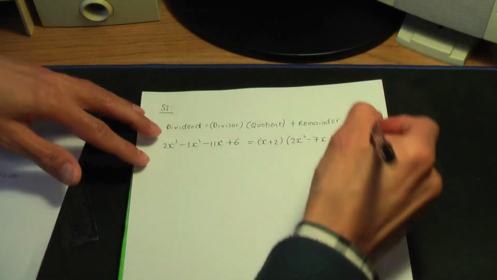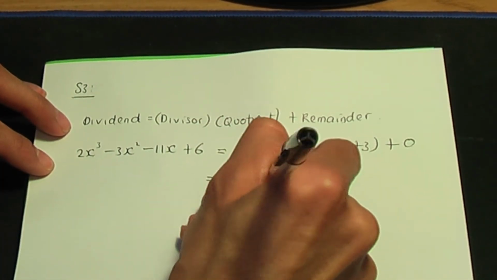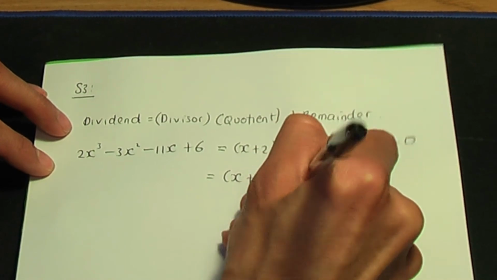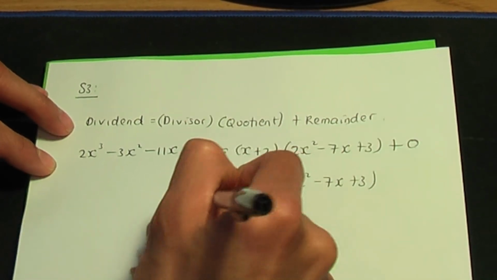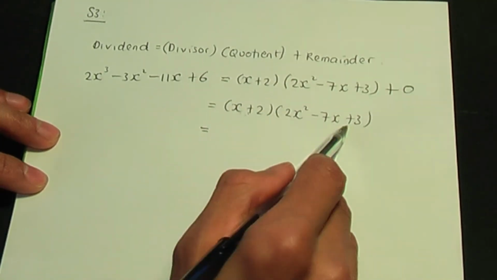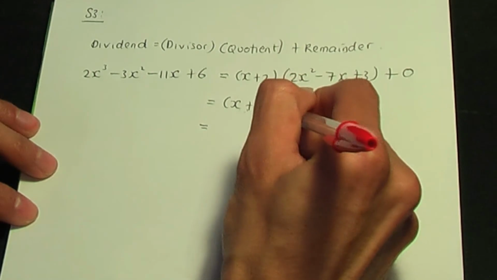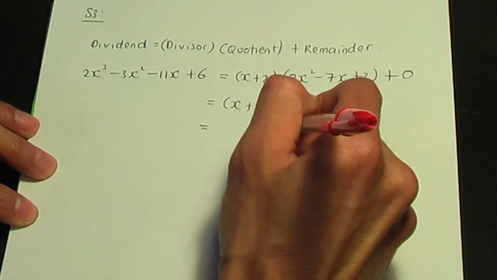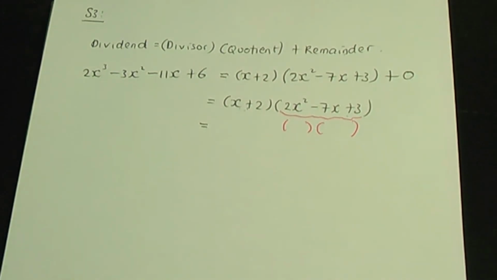So let me continue. Since we've got 0 remainder, it's simply x plus 2 into 2x squared minus 7x plus 3. Currently we've got 2 brackets. So now the idea is we need to factorize this quadratic so that we have an additional bracket.